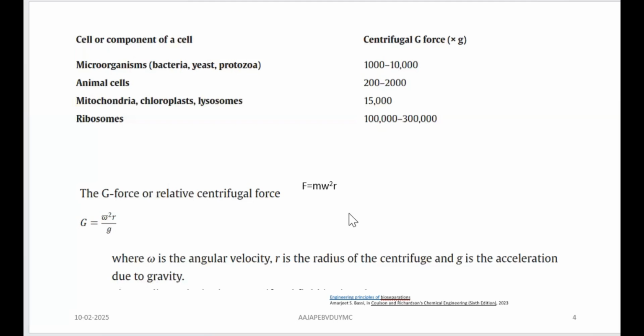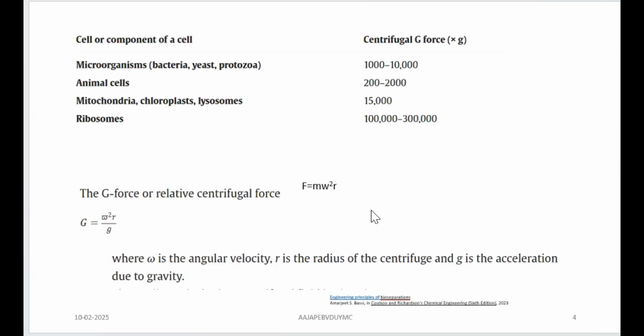So the force on a sedimenting particle increases with the velocity of rotation, true, but at the same time it is going to be proportional to all these. The mass of the particle is not going to change, right? But force is going to be dependent on what? Angular velocity, and R, the radius, the distance.